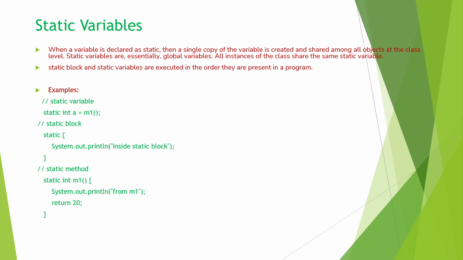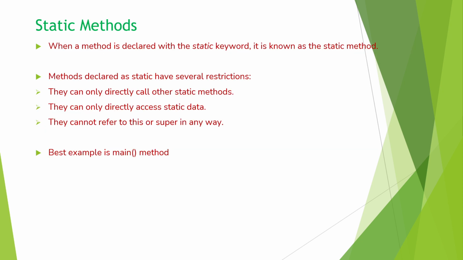First, static int a = m1() will be executed. Below that I have a static method, static int m1, which prints "from m1". When you execute, first it prints from m1, then it prints inside static block, because the order is first the static variable and then the static block. Go to the next slide.